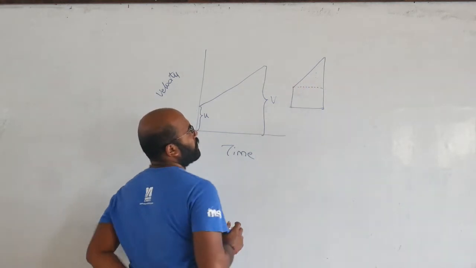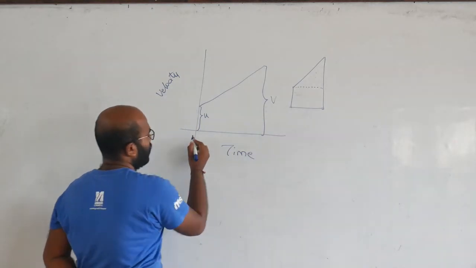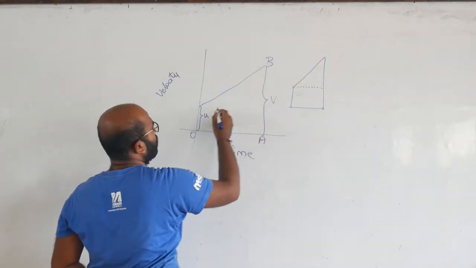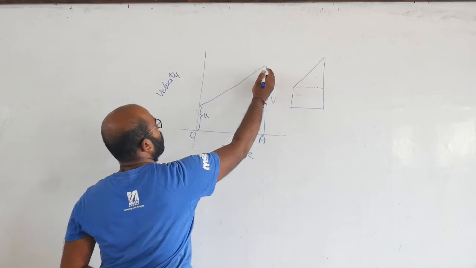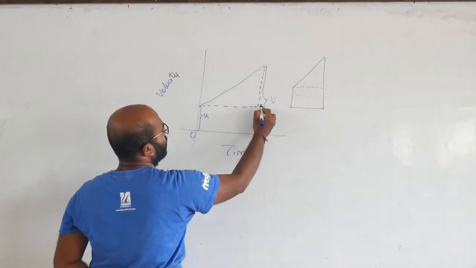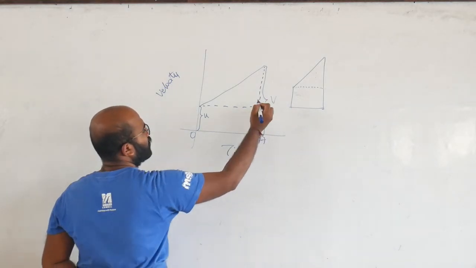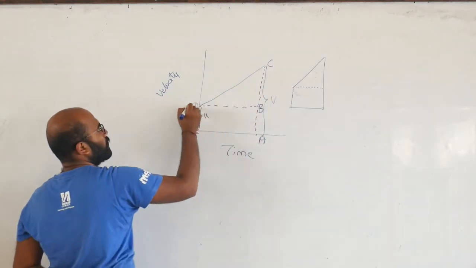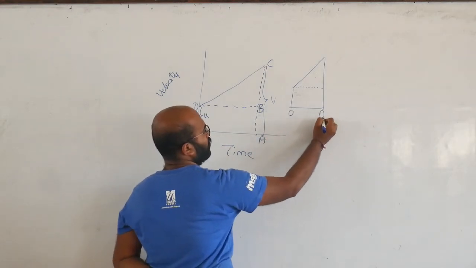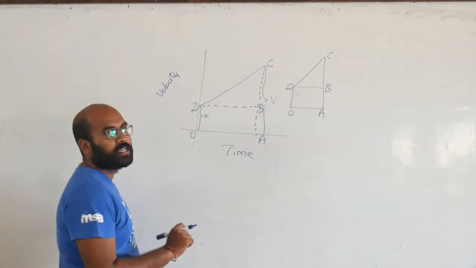So this is a triangle. Let me take this as O, A, B, C and D. So this is O, A, B, C, D. I am representing the same thing here.